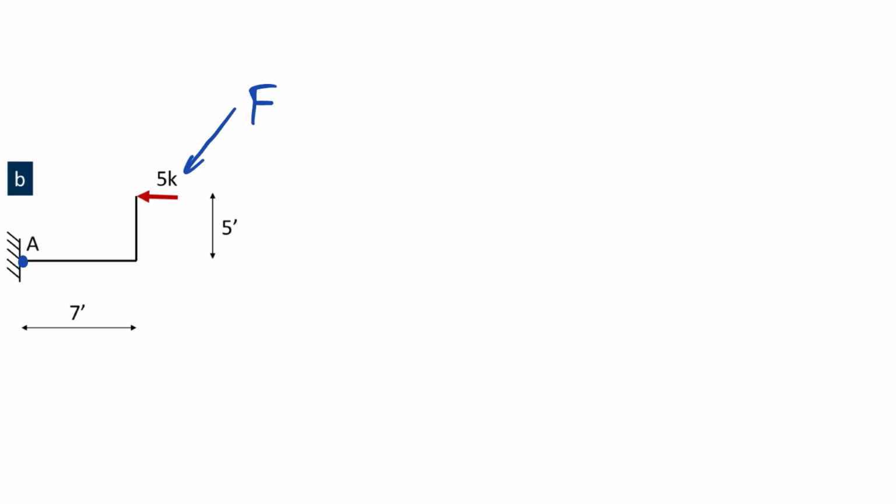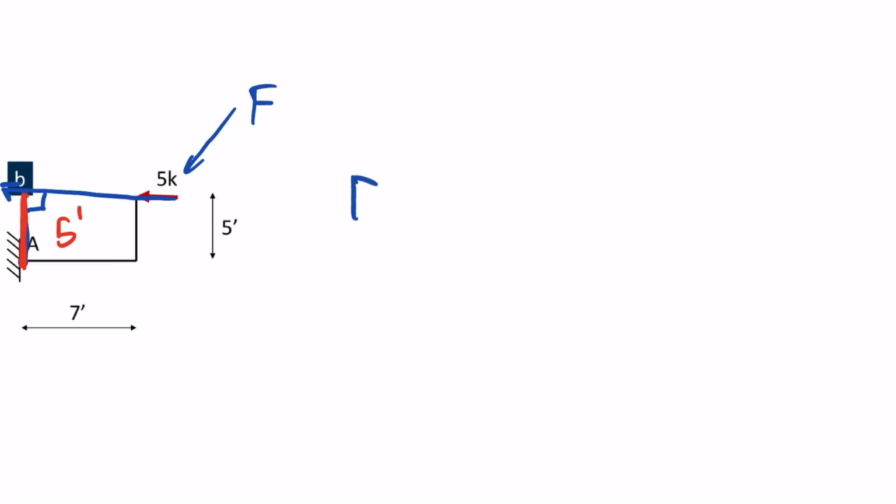So then we need to extend the force to make it longer, and then you can draw a line from here to here. Then you get the perpendicular distance. So the perpendicular distance is the red one over here, that is 5 feet.